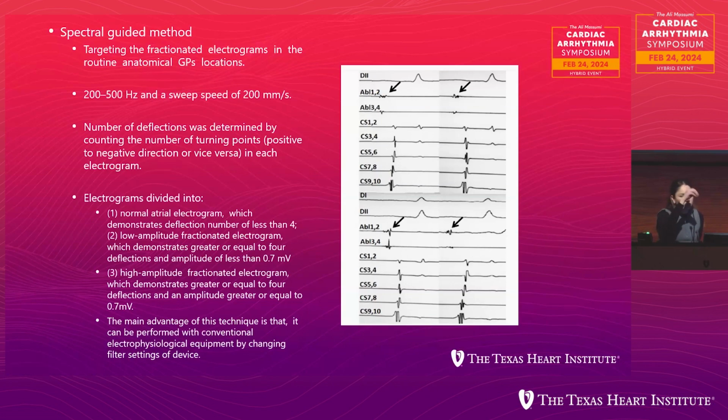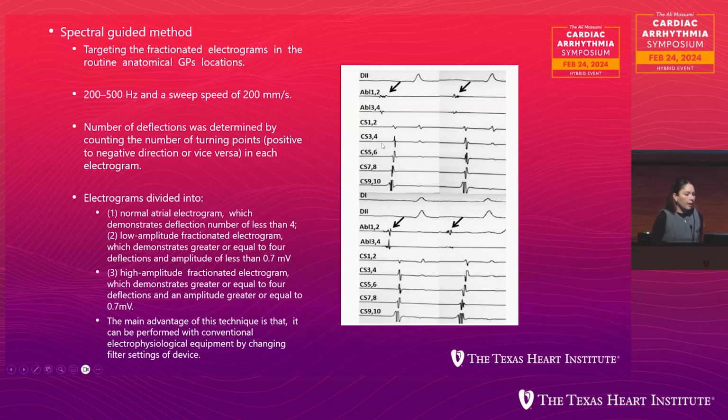And by fractionated, it's not just crunchy and ugly. You want to see at least 4 components, components being ups and downs in that signal. Normally with smooth atrial conduction, when there are no GPs, you'll see a sharp signal, maybe 1 or 2 components and high voltage. That's not what you want to target.